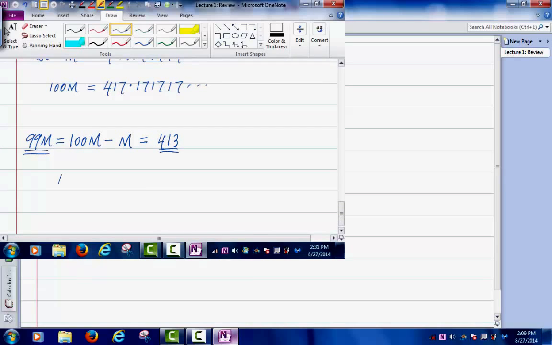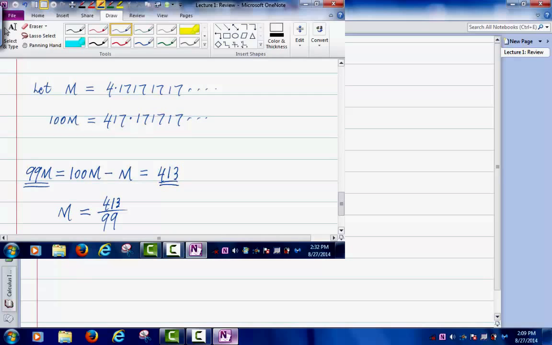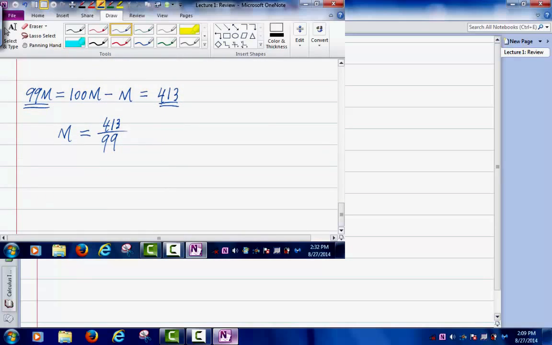So what is m? 413 divided by 99. Is that a ratio of integers? Sure. So I can see that the number m that we started with is indeed a ratio of integers, so it is a rational number. So if you have a repeating decimal expansion, it is a rational number.